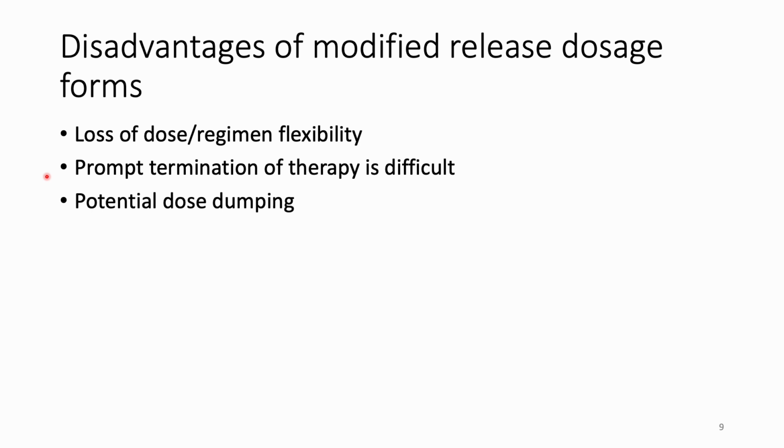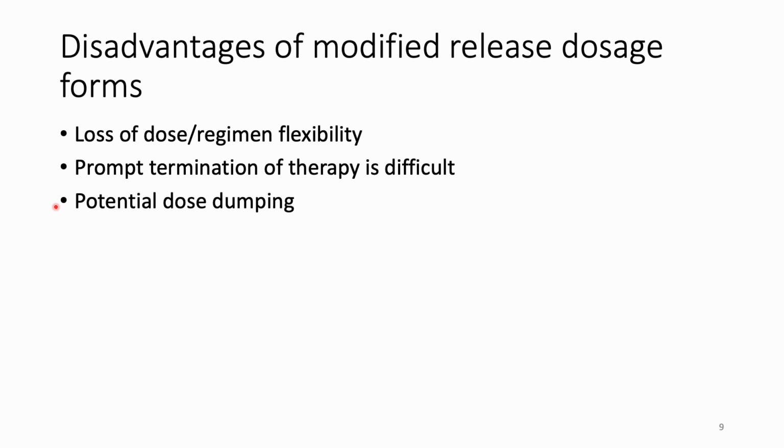And because it's a long release, long effect, it takes more time for a modified release or extended release drug to be terminated as compared to the conventional one. The last one, which is very important, is the potential dose dumping. This happens when the whole dose of the extended release is released immediately in a short time.